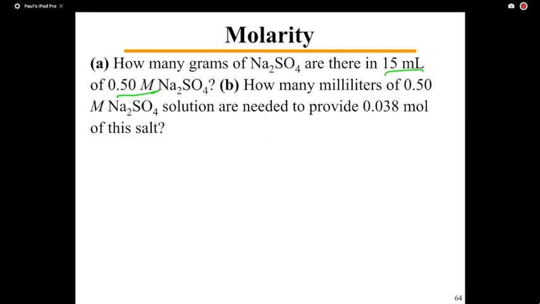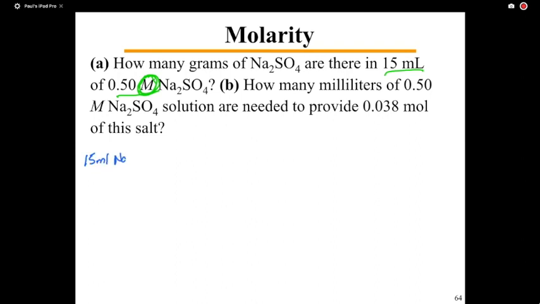But remember, any number that has 2 units associated with it is a conversion factor almost all the time. This right here, you need to remember, can be substituted for what? Instead of big M, it could be what? Moles over liters. Okay, so that is going to be a conversion factor. So our starting point is 15 milliliters.